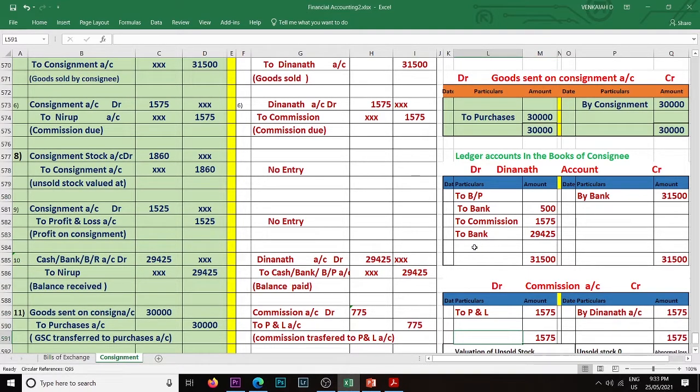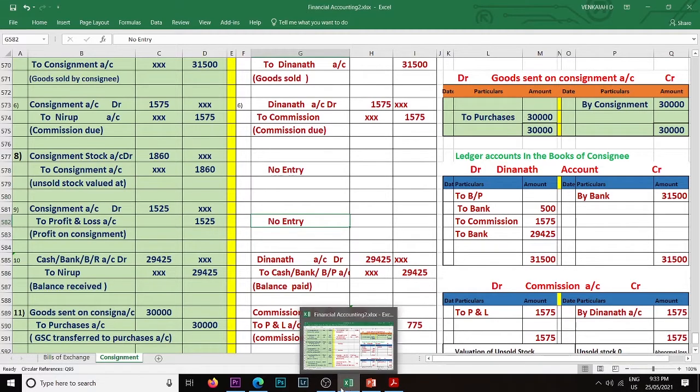Right. So we completed in the books of Nirup, that is consignee also. Okay, now we will move to next problem.